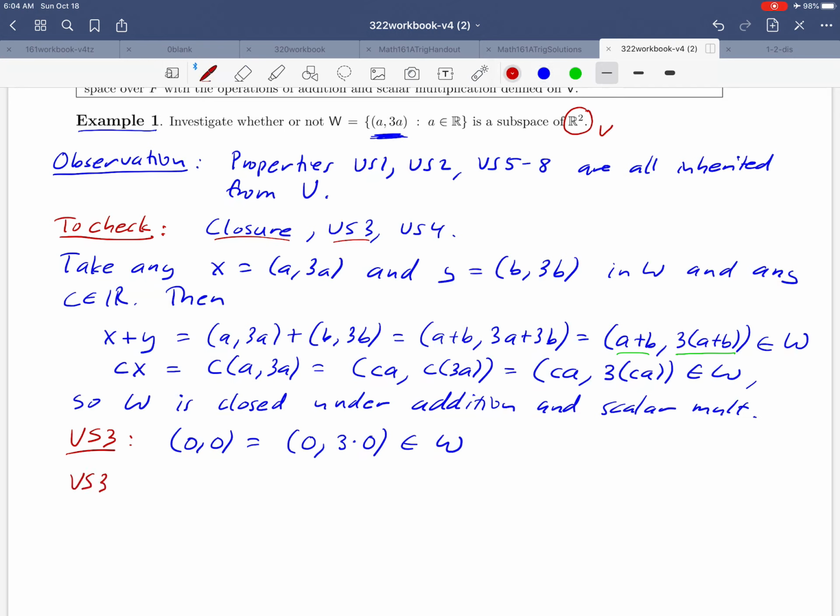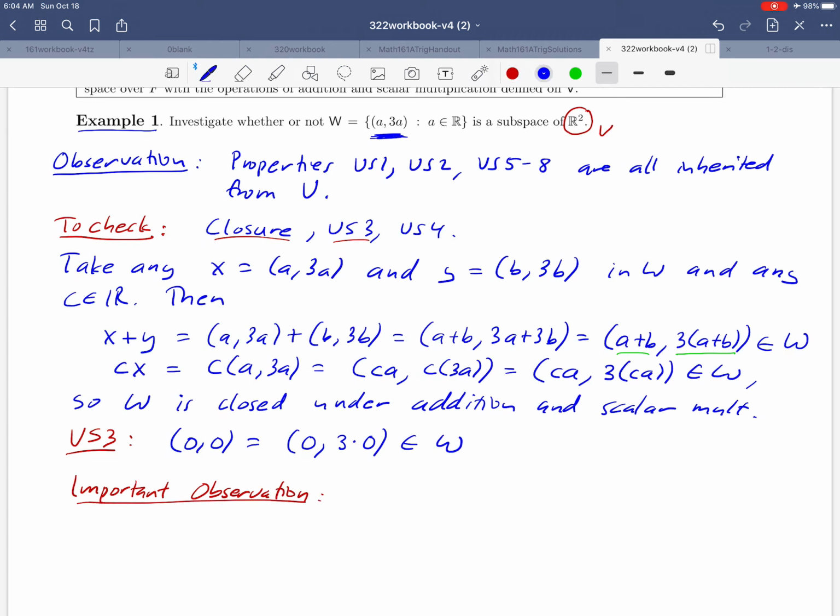And last thing we need to look at then is VS4. Now we could prove this directly, but there's an observation that we can make here. So I'm going to erase this and phrase this a little bit differently. Instead of doing VS4 directly, we're going to make an observation.